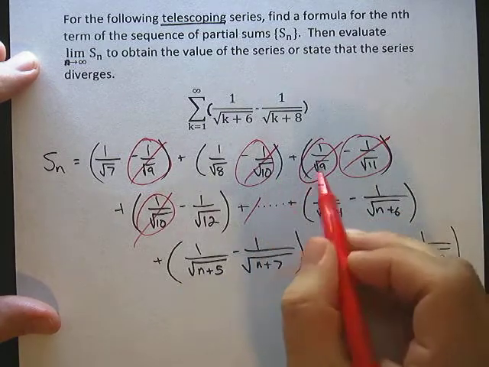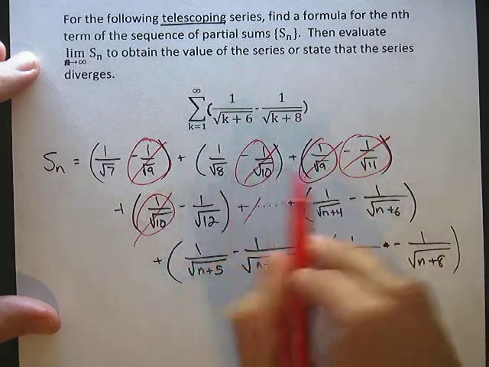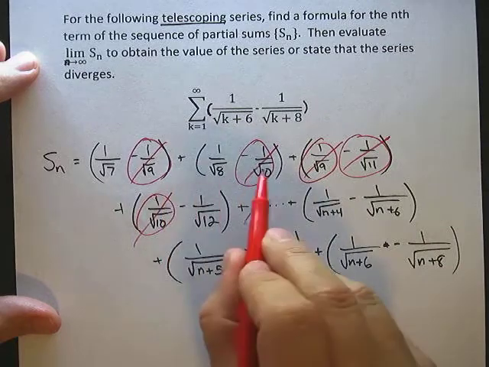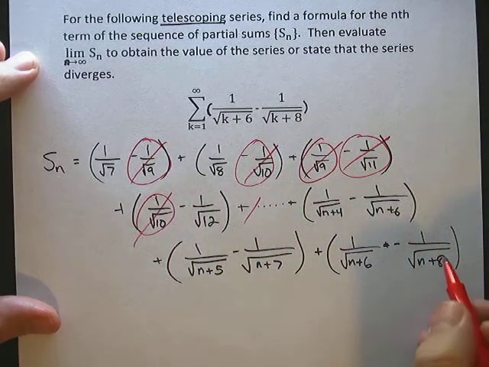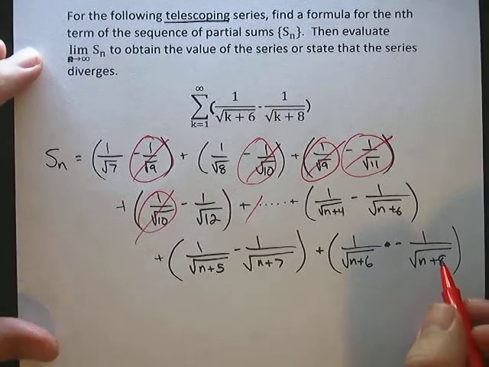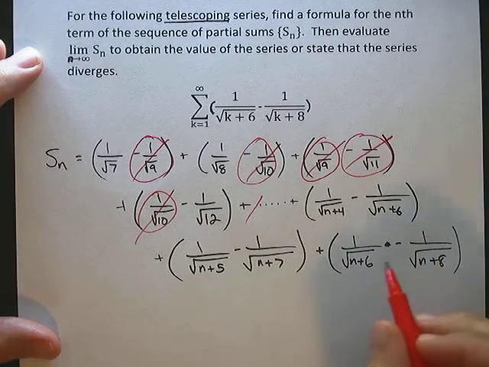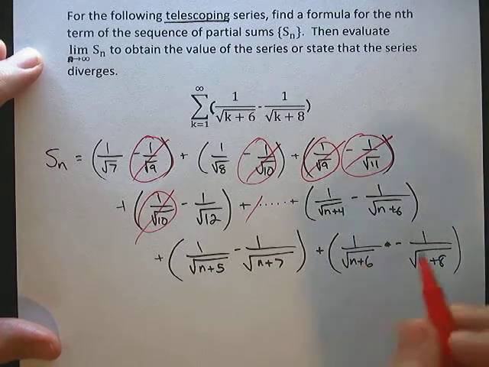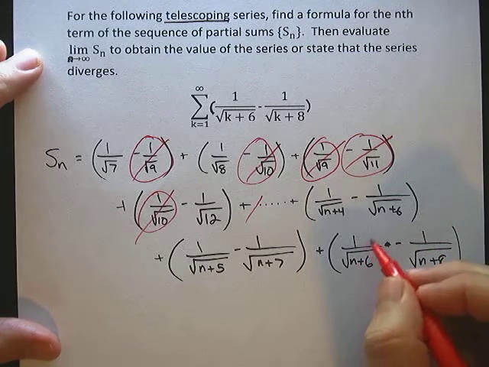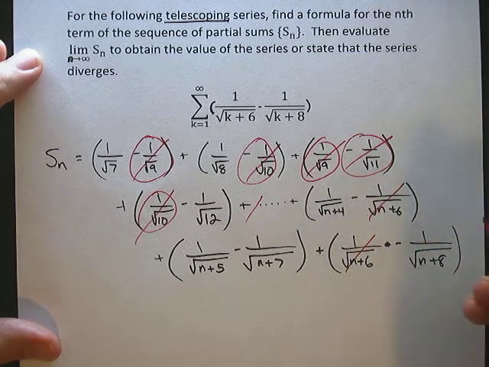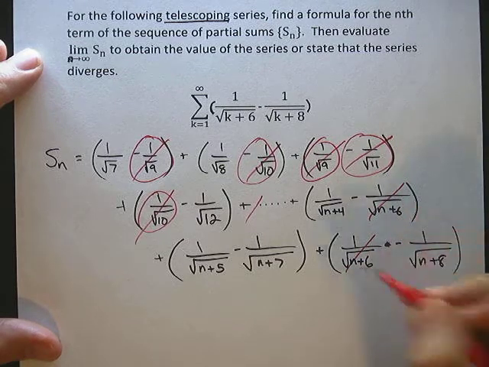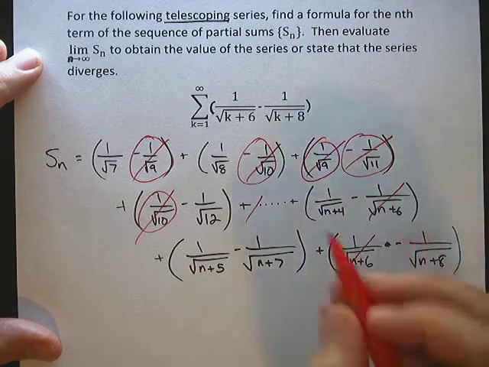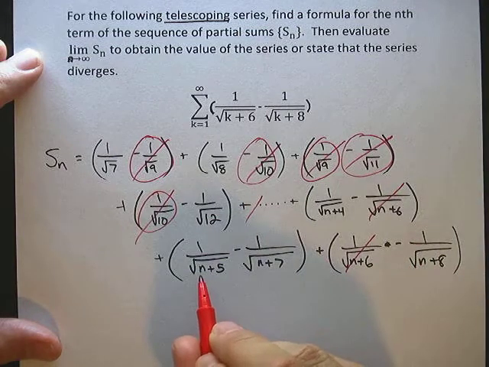So every one of these terms is going to get canceled, starting with this one and on out. How far? Let's start from the end and see what cancels. We've got a positive 1 over square root of n plus 6 and a negative 1 over square root of n plus 6, so those cancel.